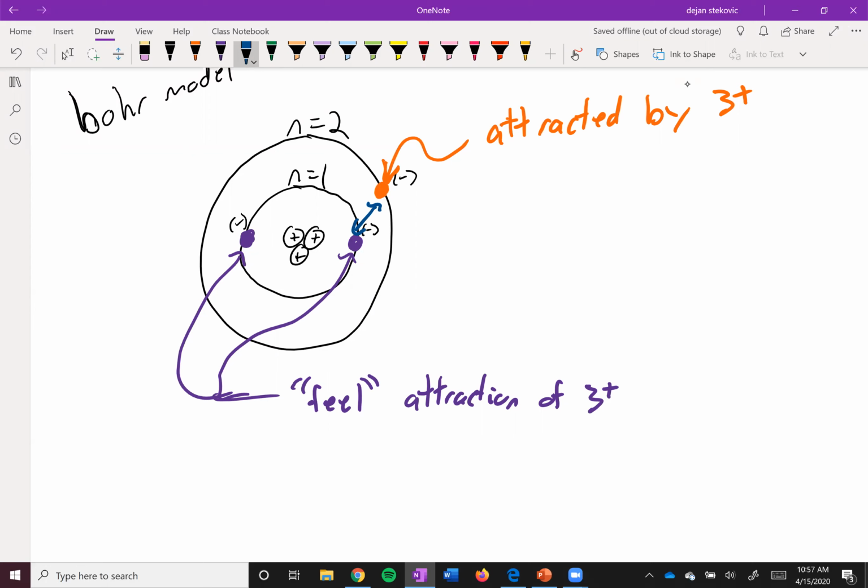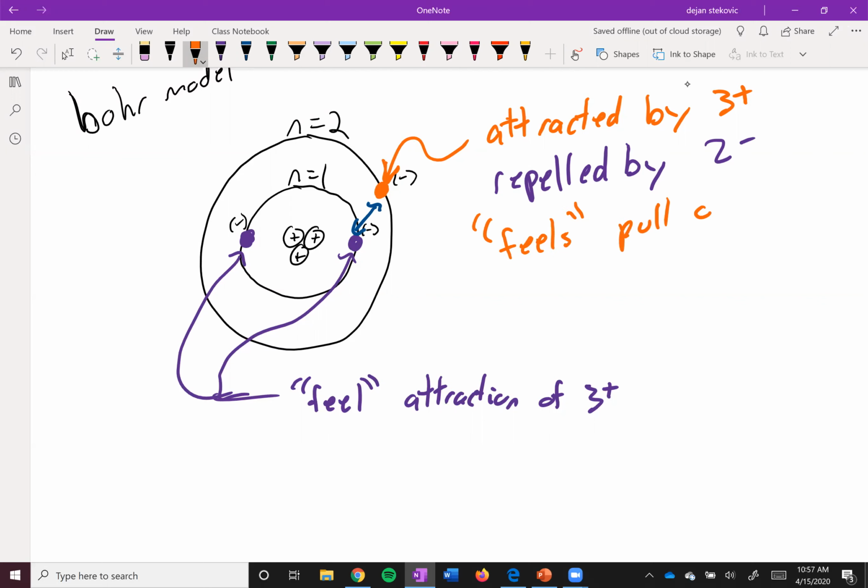So this is being attracted by the 3 plus in the nucleus, and at the same time, it's being repelled by the 2 electrons in the n equals 1 shell. So it's repelled by a 2 minus. And so if you net this, the outer electron only feels a pull of 1 plus, right? Because it's negated by the 2 electrons.